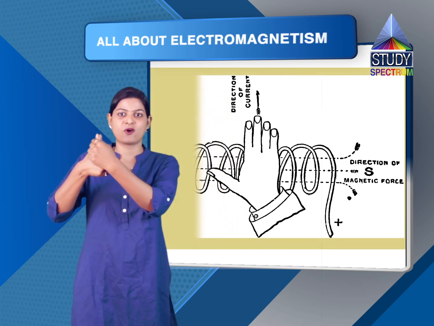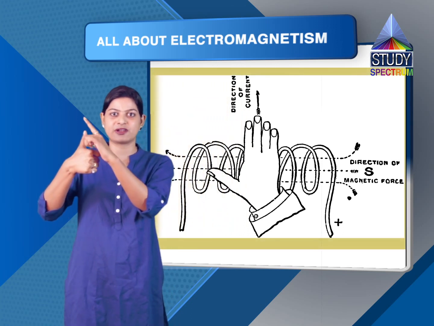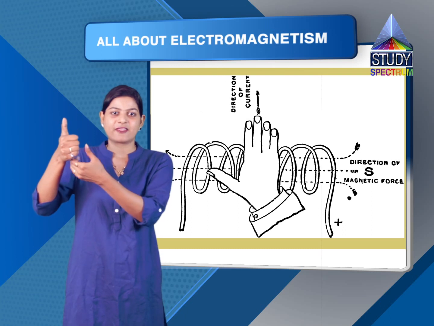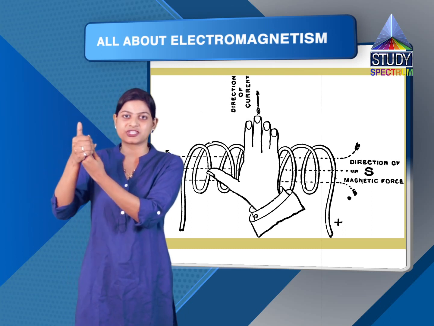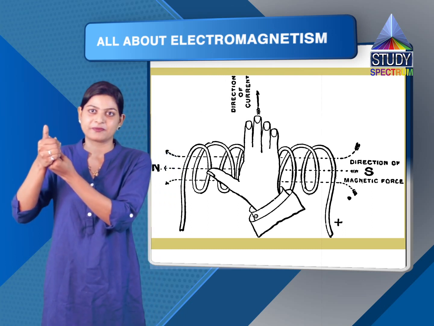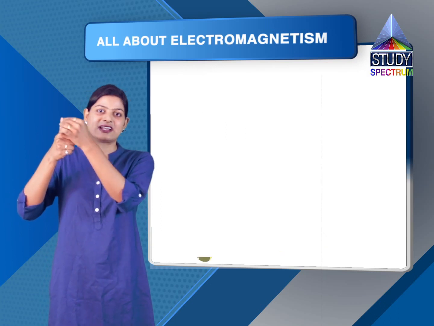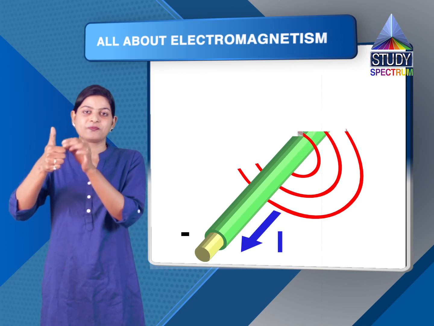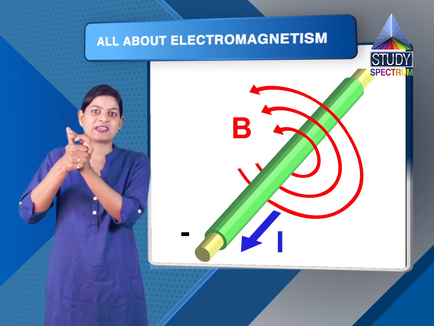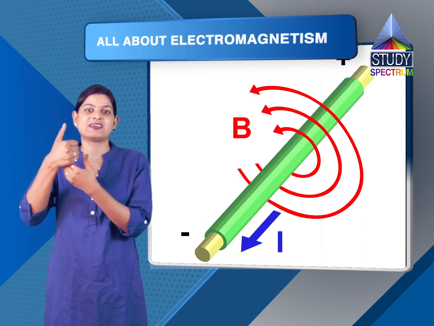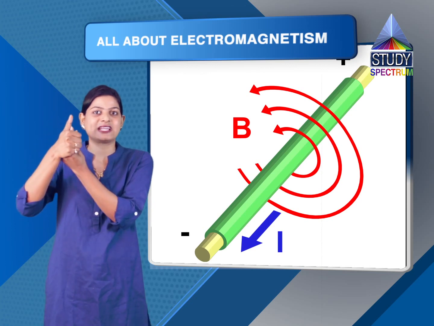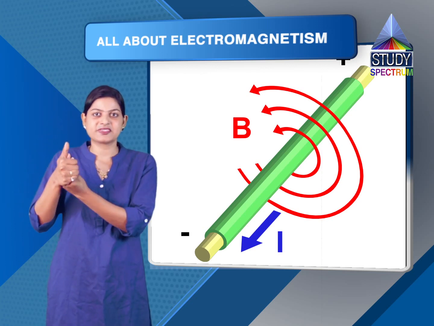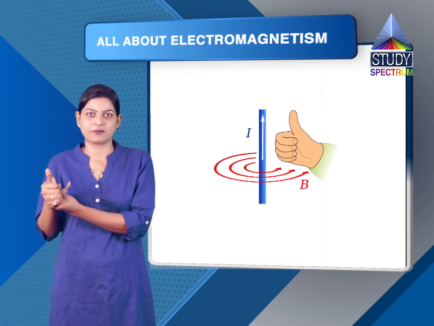This means the flow of electric current is going in the upward direction, whereas the curled fingers give the direction of the magnetic field. That means if there is a conductor in our hand, electricity is passing in the upward direction, whereas there is a magnetic field around that conductor. This is the right hand thumb rule.